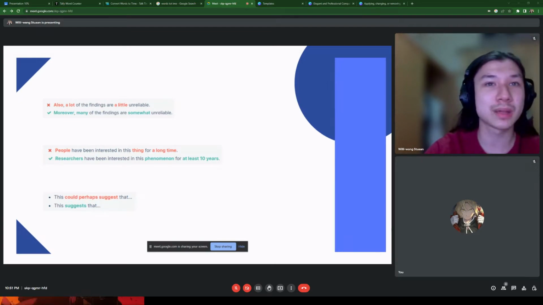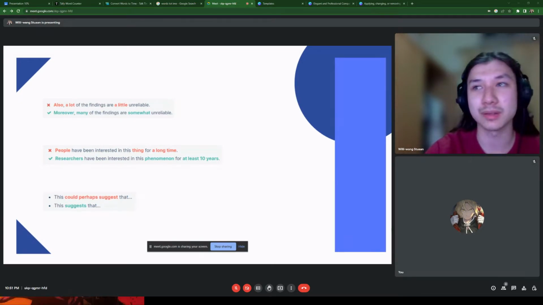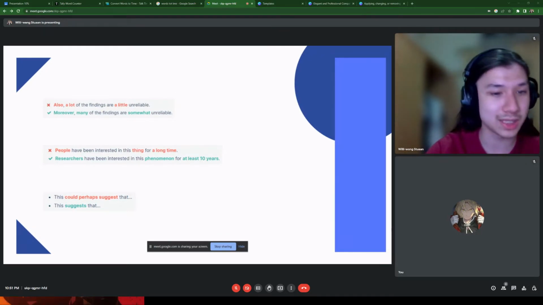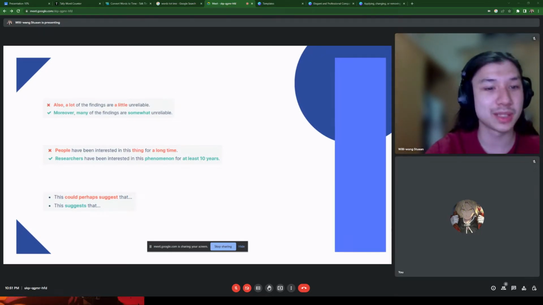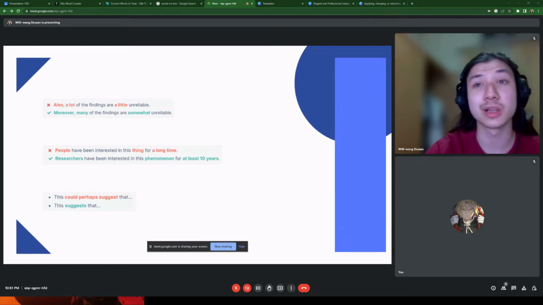Academic writing must also be clear and precise. While writing academic writing, one must assure that the reader knows exactly what the writer is trying to convey. That means the writing cannot be vague. An example would be this sentence right here. People have been interested in this thing for a long time. You can see it's a very vague sentence.